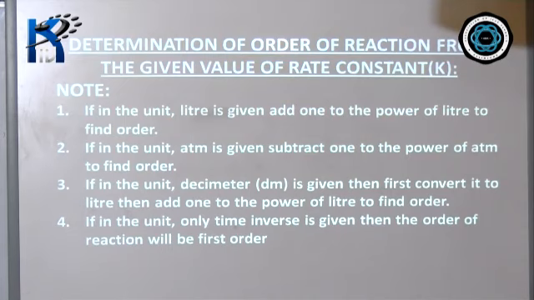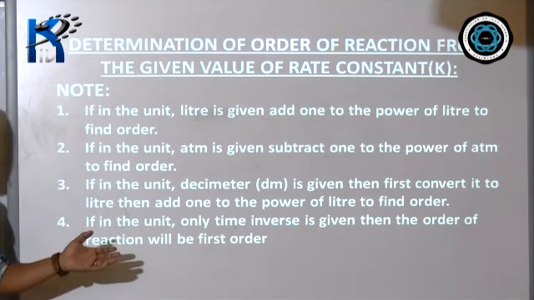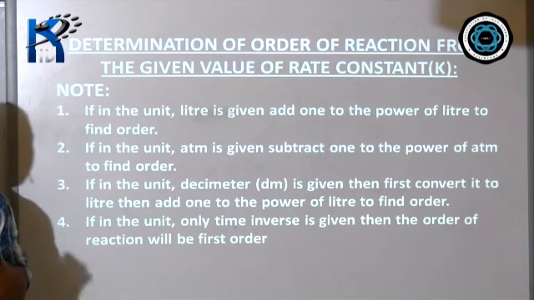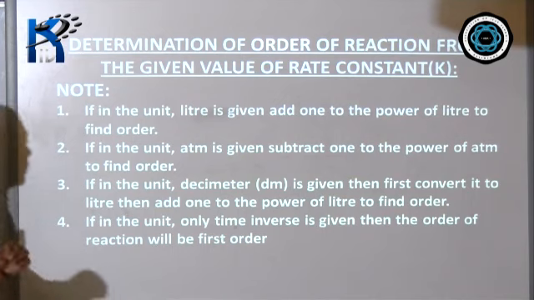Okay, now we will see this part: determination of order of reaction from the given value of rate constant. And this may come in competitive exams also, students. It comes in the ISC board exam also as an objective. Okay students, so see here now how to solve this. Whenever the question asks you to determine the order from the value of rate constant K, what are the things to be noted down by you all?